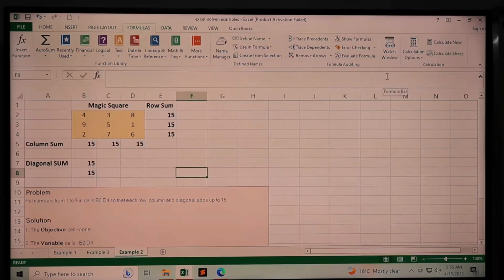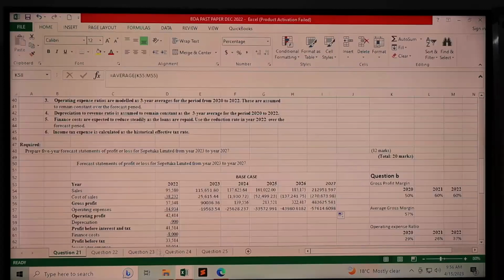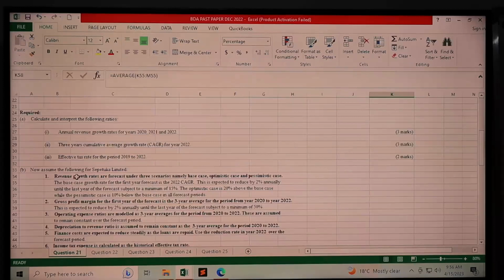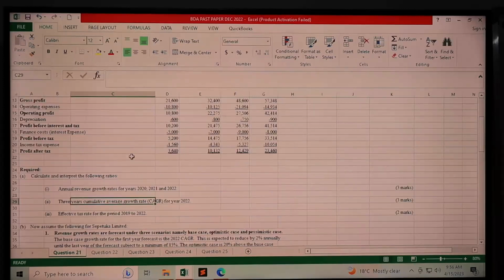Someone is asking how we are supposed to know whether they mean compounded. That question is already answered in your question. There's nowhere they said compounded. They talked of cumulative, not compounded. You have to remember that those are two different things.